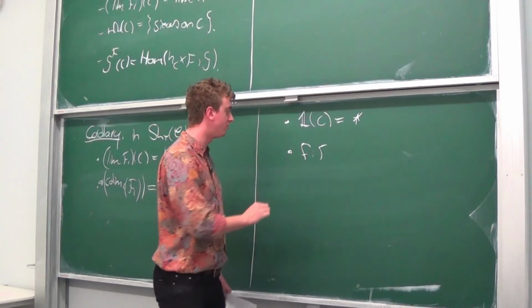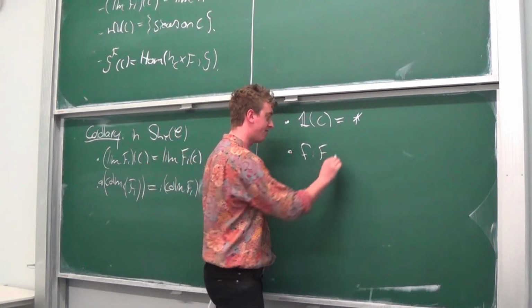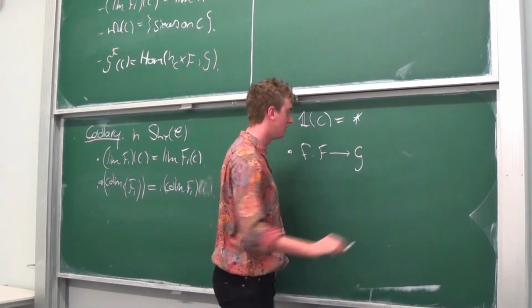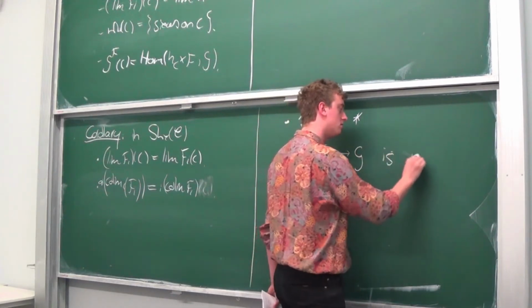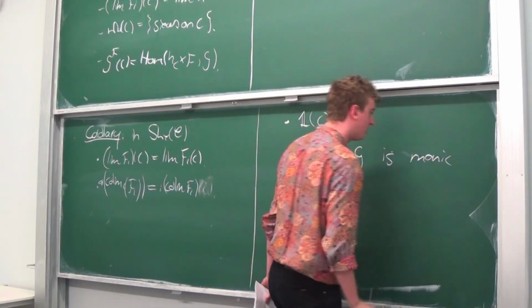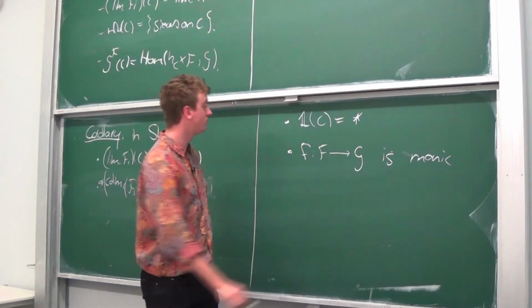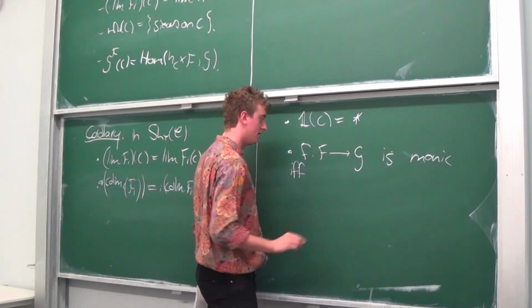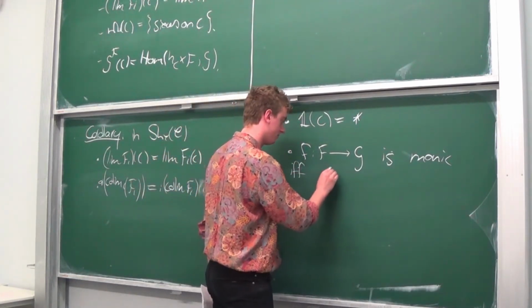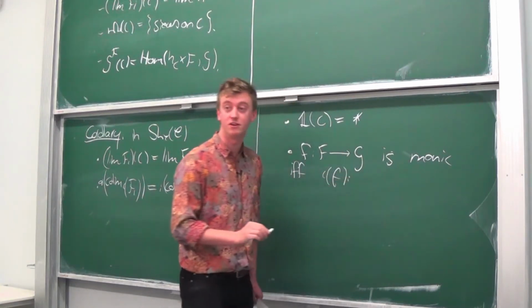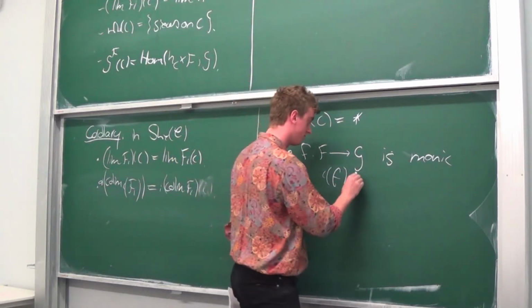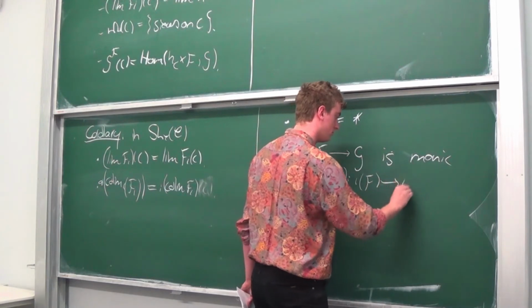Moreover, we know that a morphism of sheaves F from curly F to G is monic, it's a monomorphism in sheaves, if and only if the associated morphism of presheaves is a monomorphism.